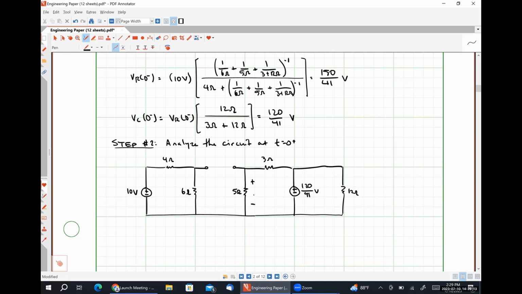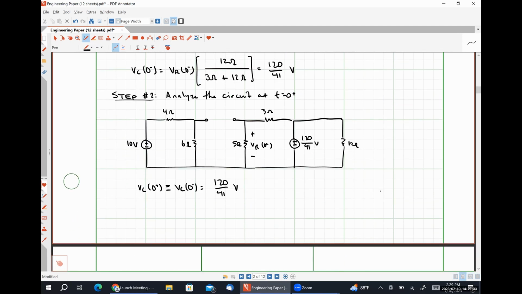And here is VR at 0 plus. So we can say from the jump that VC at 0 plus must be whatever it was at 0 minus, which was 120 over 41 volts.